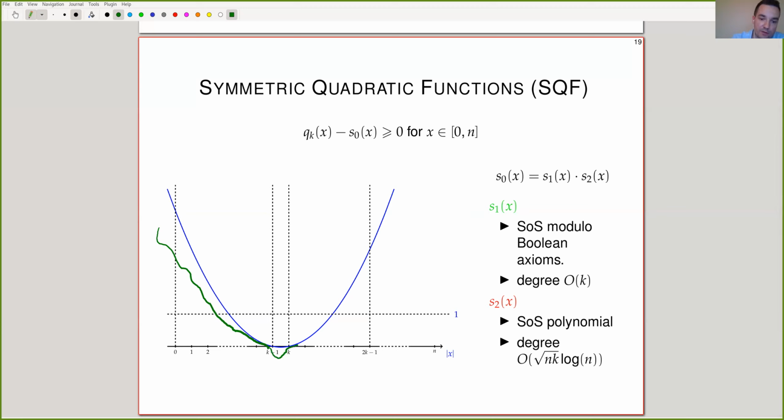Also, up to the point 2k minus 1, it should be below the polynomial qk. And in the interval from 2k minus 1 to n, it can grow, but it shouldn't grow too fast. I will write: not too fast.